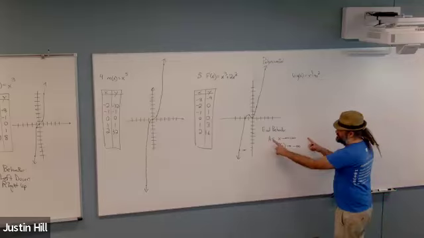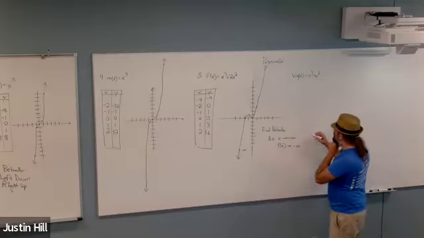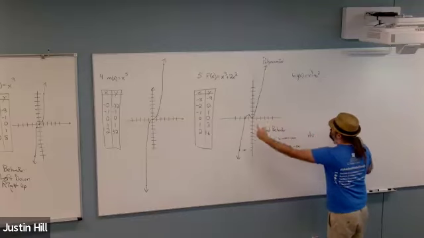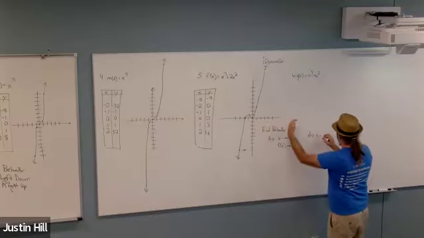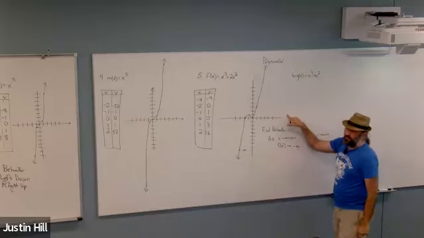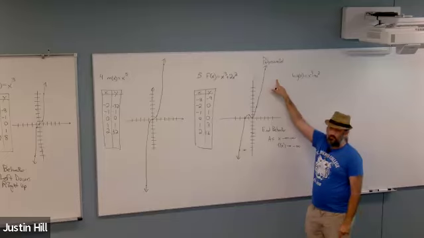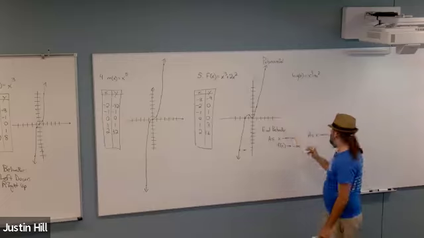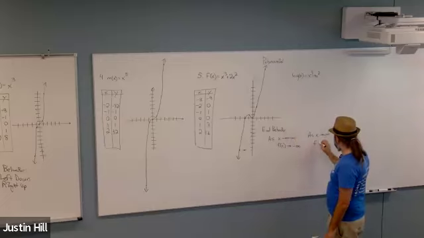And this is just the left part, right? So then we also have to do the right. So as x goes to the right, as x goes to infinity, what's happening to the y values? They're going up, which means they're going to positive. So you'd say as x goes to infinity, f of x goes to positive infinity.